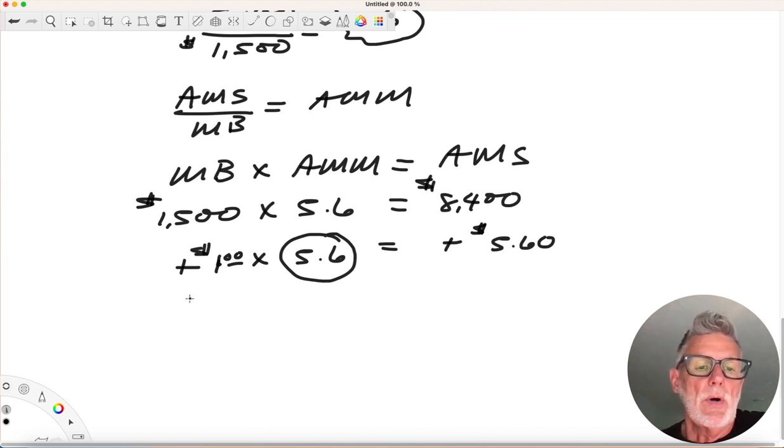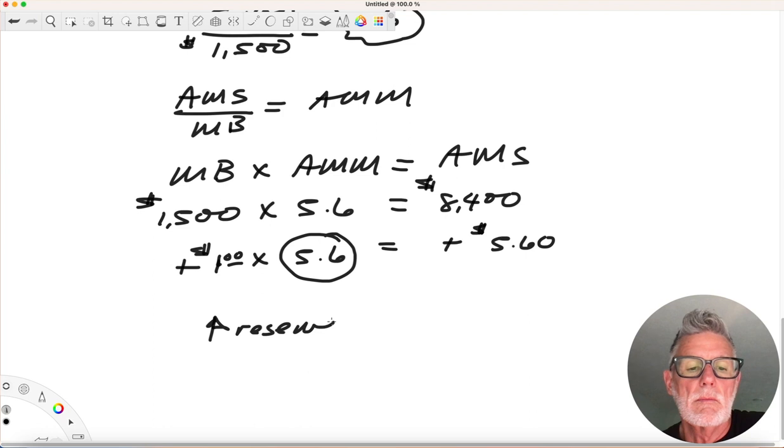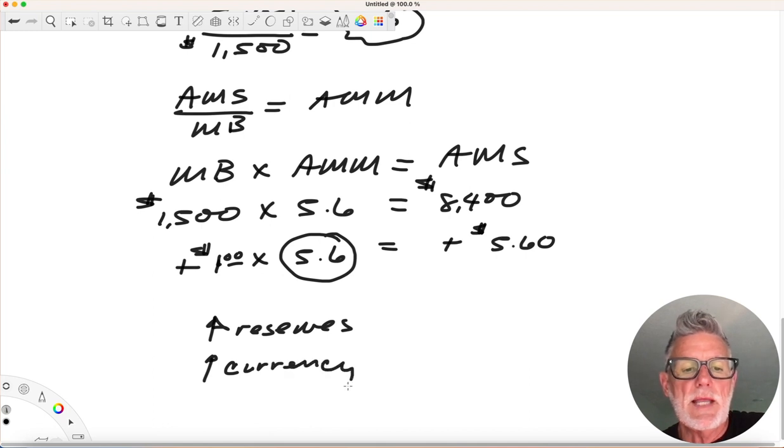So when the banking system has a high level of reserves and a high level of currency in circulation. Remember, these are not the same.